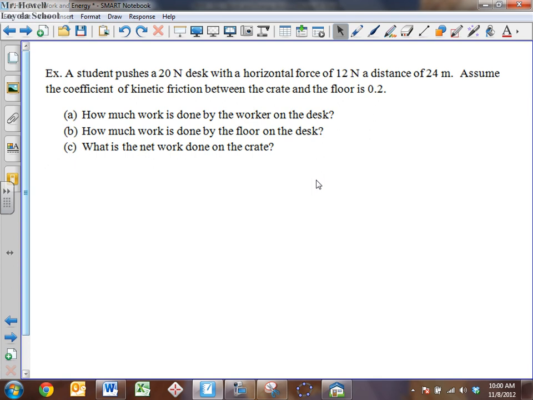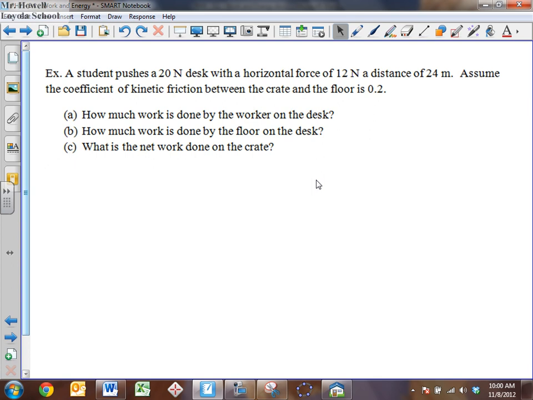Now, with a horizontal force, a distance of 24 meters, assume the coefficient of kinetic friction between the crate and the floor is 0.2. That's mu k. Remember mu k from the other day? How much work is done by the worker on the desk, the worker pushing? How much work is done by the floor on the desk? And what is the net work done in this problem?